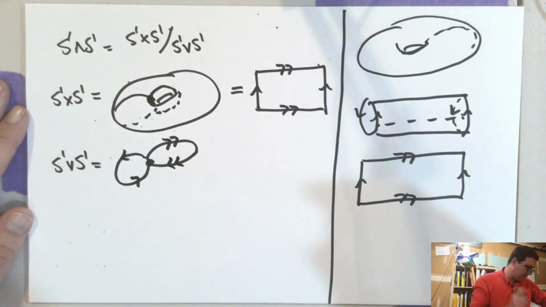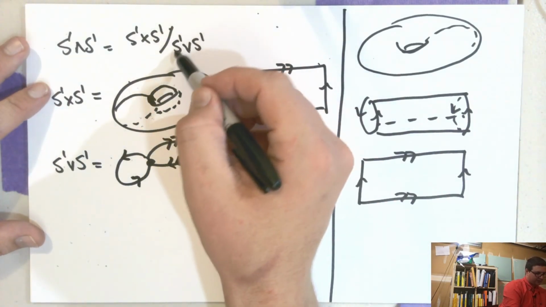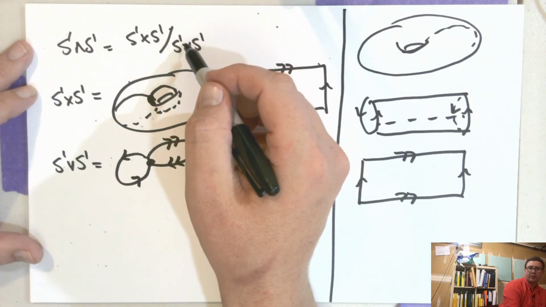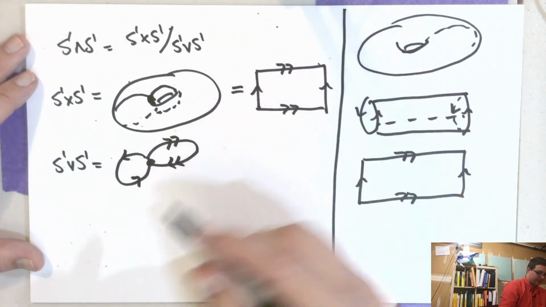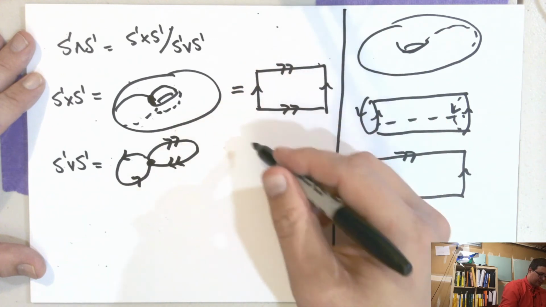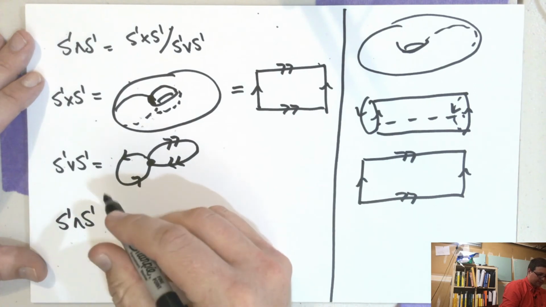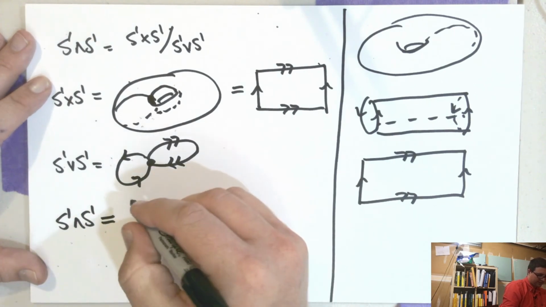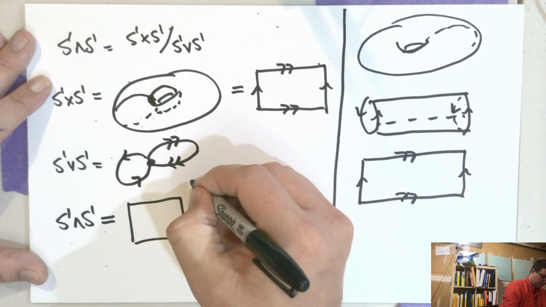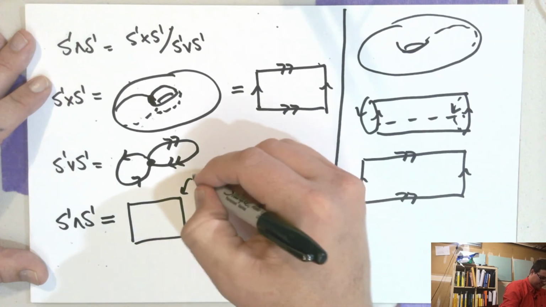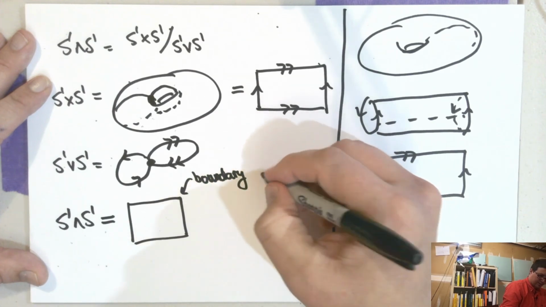Okay, so smashing, taking all of this thing and crunching it to a point is the same thing as taking the boundary here and crunching it to a point. So S1 wedge S1 is the same thing as this square with the boundary identified, crushed to a point.